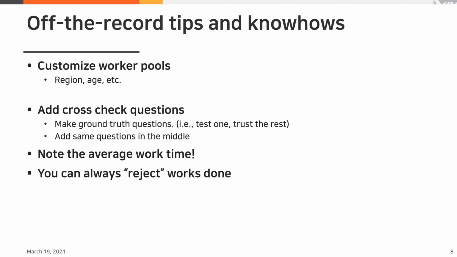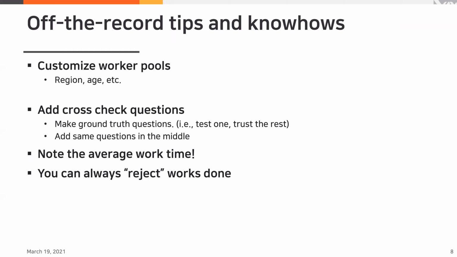For instance, let's say it's a bounding box making question, and in the middle of the question, you make a very obvious question, like make a bounding box for a bird, or a bounding box for a car. If those ground truth questions are deemed to be true, then you are safe to trust the rest of the results from the workers.